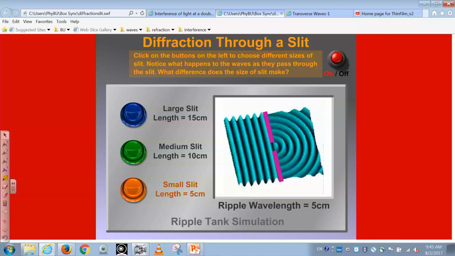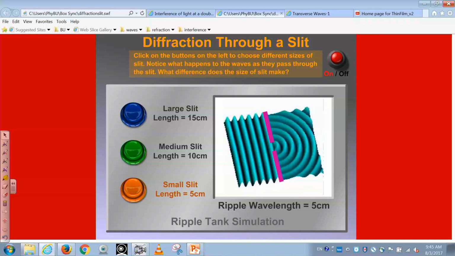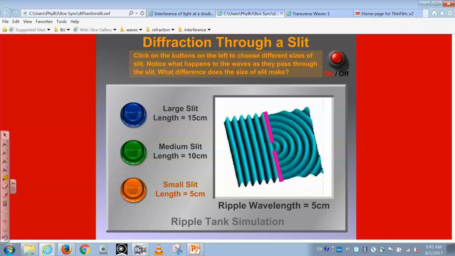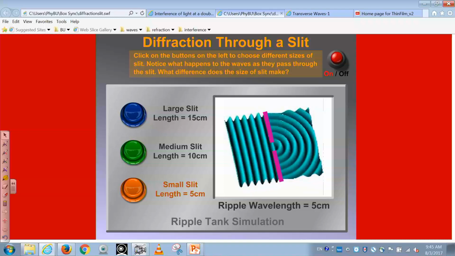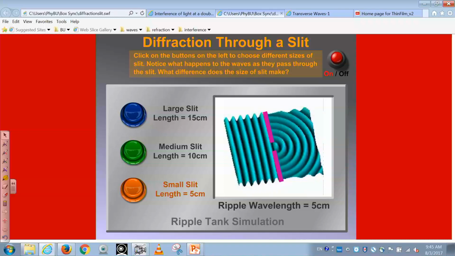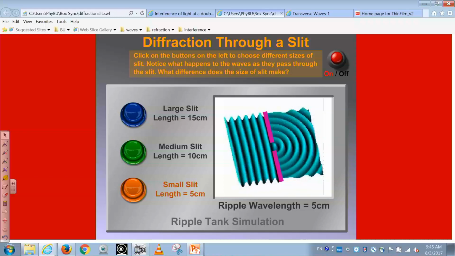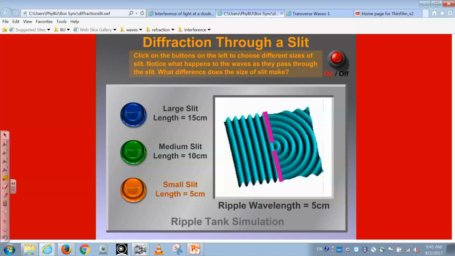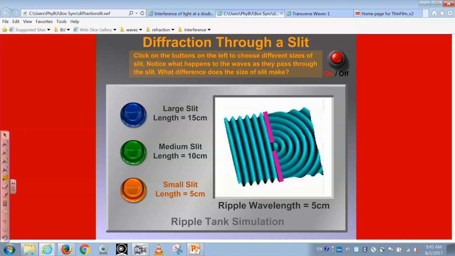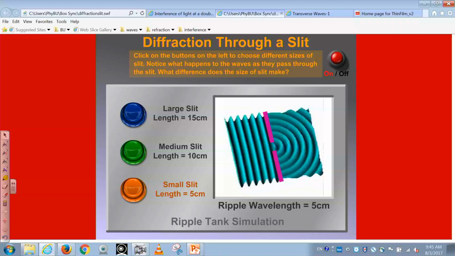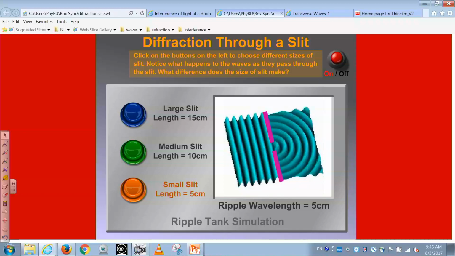In that case, we can see a very, very strong bending. And if we had placed a screen right here, we would start seeing some pattern. It wouldn't be just one bright spot. It would be a bright spot, but also some regions, some spots, some fringes with no light at all. Then another bright.